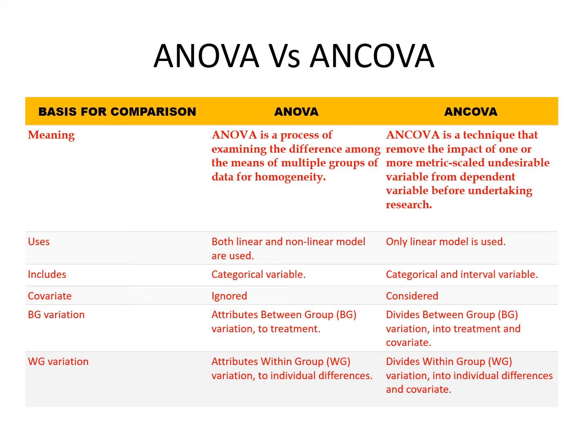You can use ANOVA for linear and nonlinear models, but ANCOVA is used only for linear models. And for the variables that you're going to analyze, for ANOVA, only categorical variables are involved. But for ANCOVA, both categorical and interval variables can be involved.